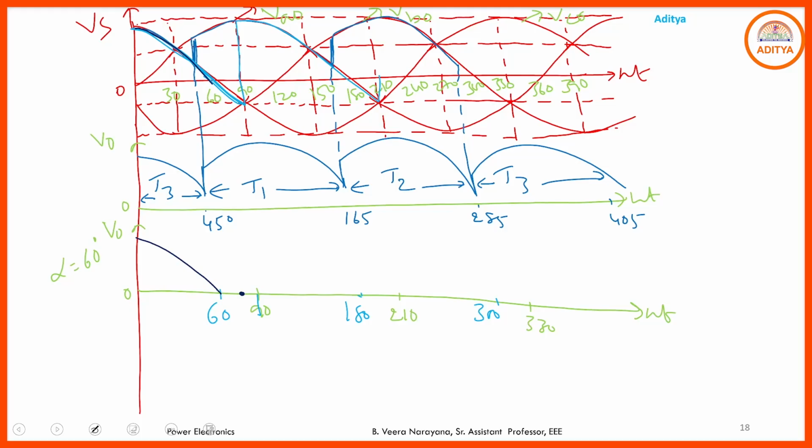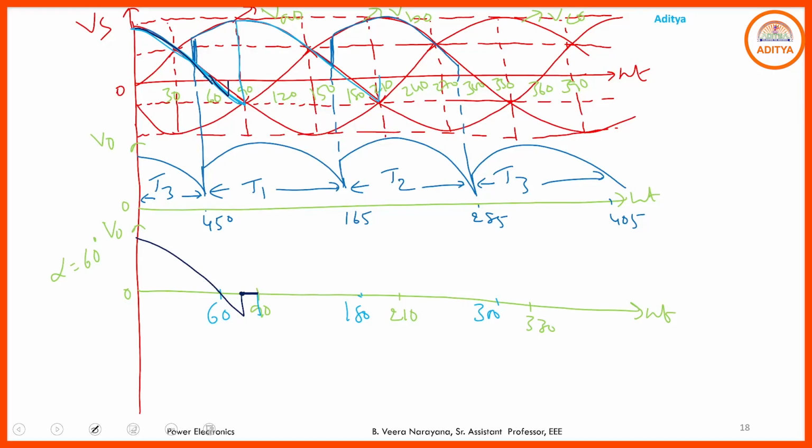So from 60 to 75, you have the negative portion in the output voltage waveform. This negative portion occurs due to the discharging of the inductor. Hence the energy stored in the inductor is transmitted to the source through the thyristor. And at this instant, all the SCRs will be in the off state, hence the output voltage is 0.